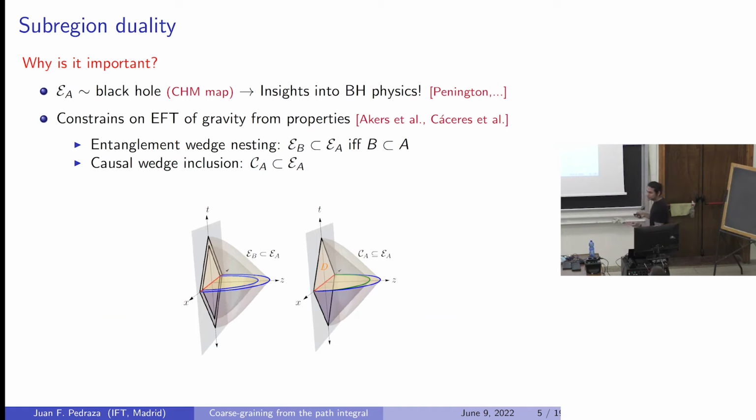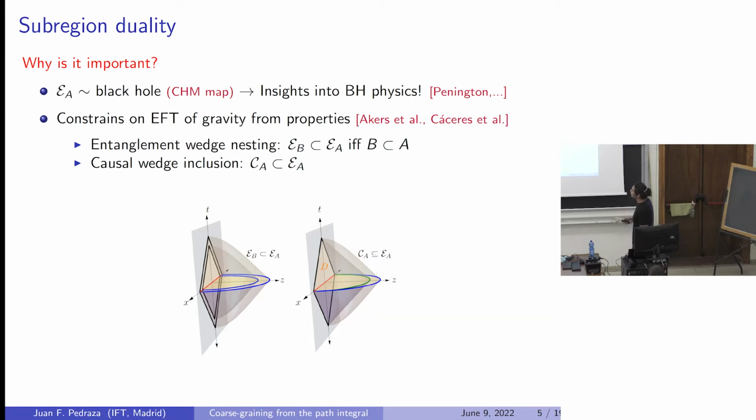There is a precise sense, for example, in which you can map the interior of the entanglement wedge to the exterior of a hyperbolic or topological black hole. This is the so-called Casini-Huerta-Myers map. And then using this map, you can ask the same type of questions that you normally ask for black holes, like information loss, unitarity, and so on. So that's one sense in which I think this is important.